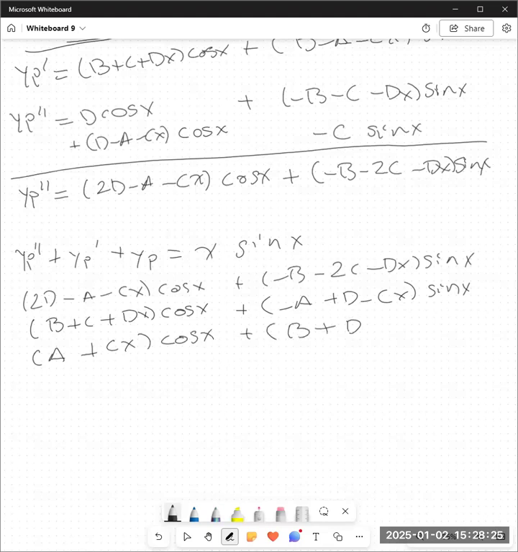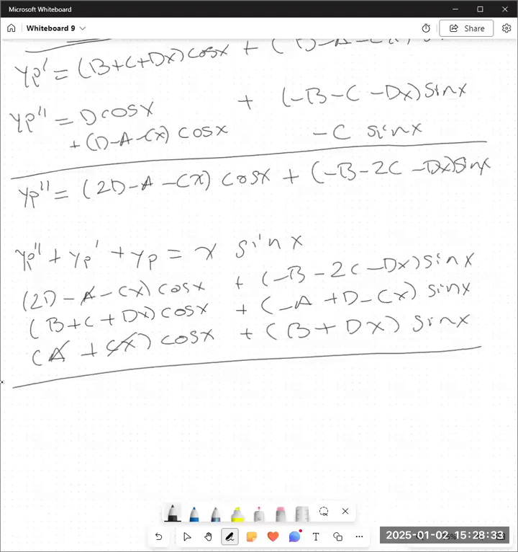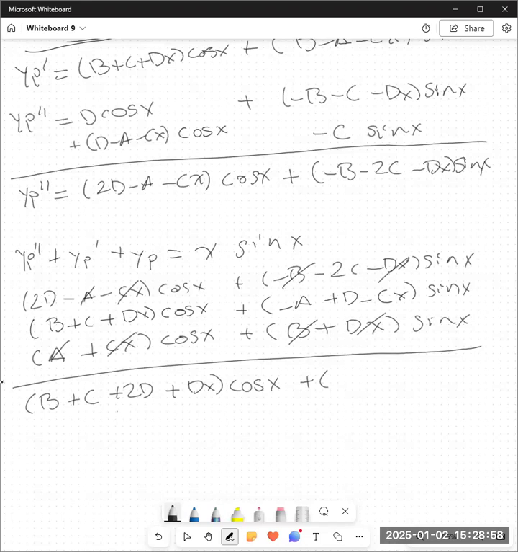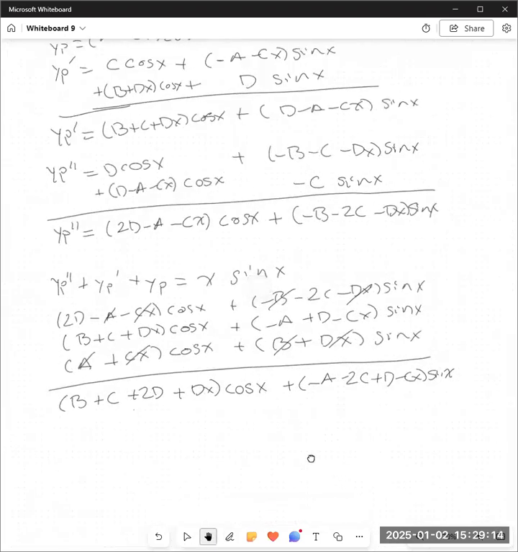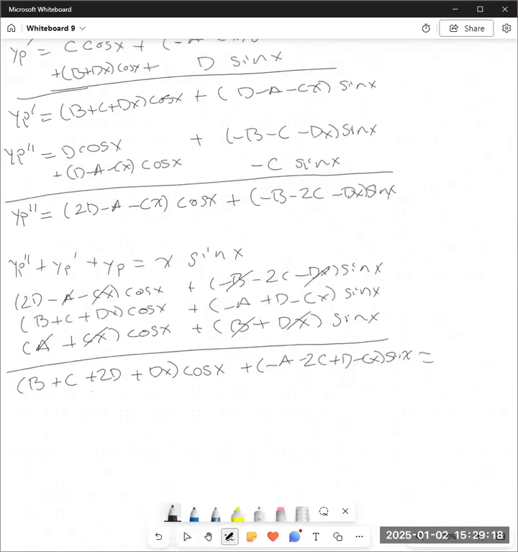This was B plus Dx sine of x. So negative A and A cancel, negative Cx and Cx cancel, leaving me with B plus C plus 2D plus Dx cosine of x, plus then B and negative B, Dx and negative Dx cancel, leaving me with negative A minus 2C plus D minus Cx sine of x, and that needs to be equal to x sine of x.